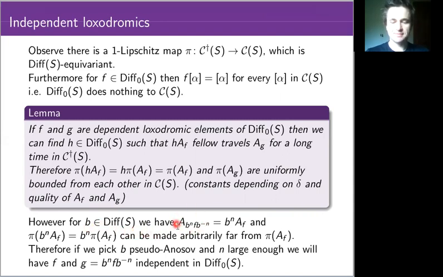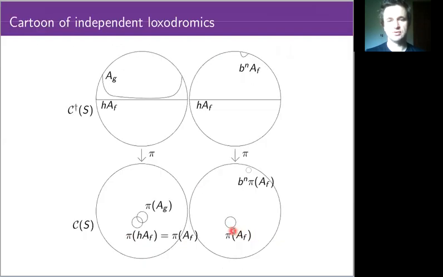We choose the axis of this loxodromic to be the left translate of the axis of F. That's just a property that you can arrange using tricks with conjugation. And then this axis will have the same quality as A_F. So the qualities of these axes are fixed. But by taking powers of B, we can ensure that this is arbitrarily far from pi A_F, using the fact that the action of a pseudo-Anosov mapping class on the ordinary curve graph is loxodromic.